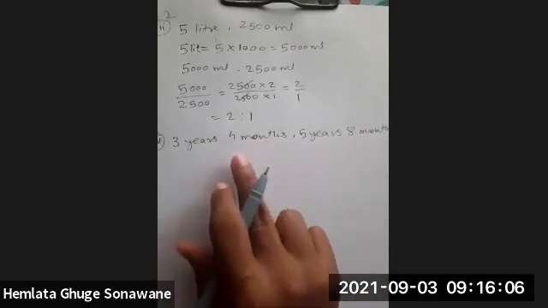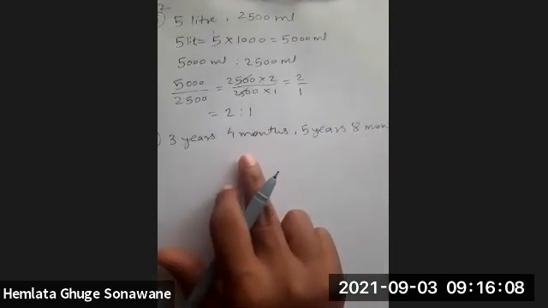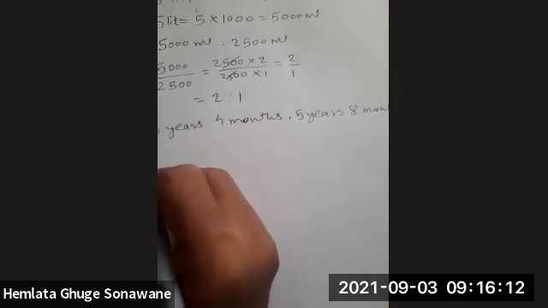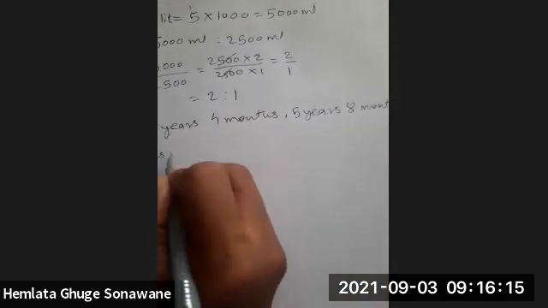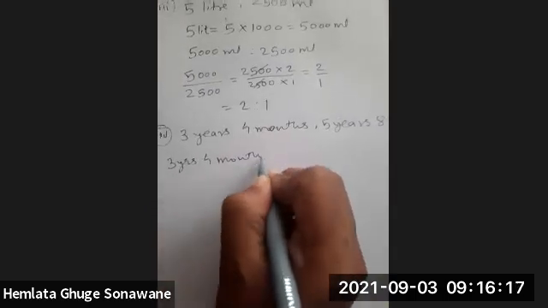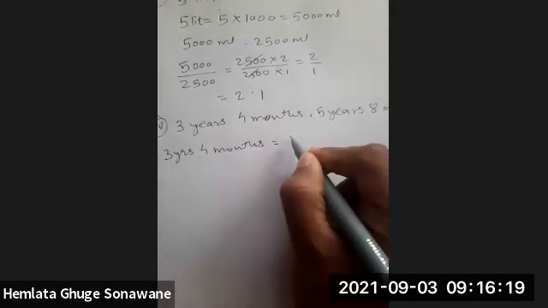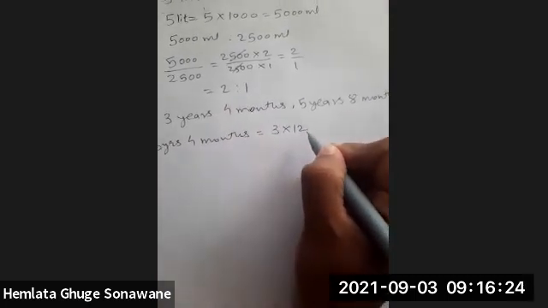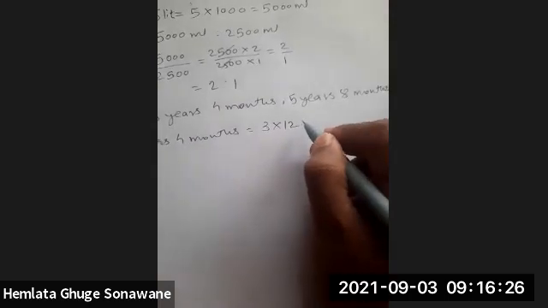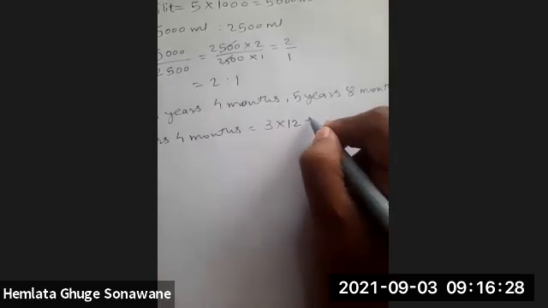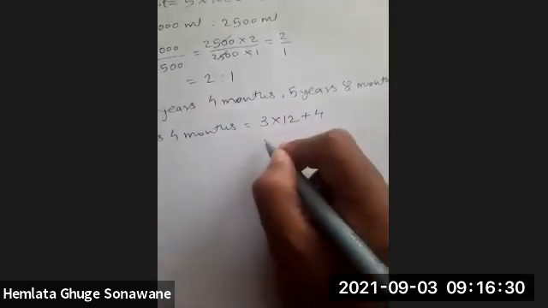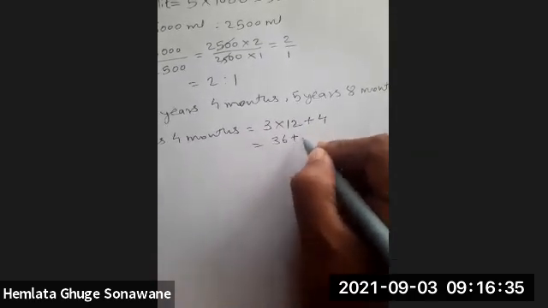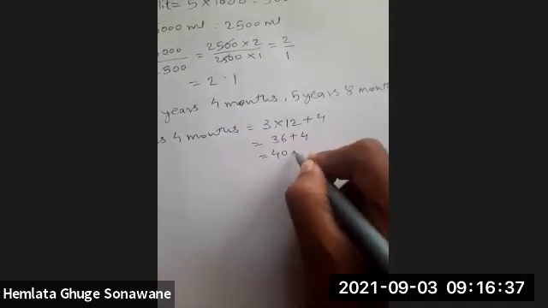So we'll convert these quantities into months. We know that 1 year is 12 months. So we'll convert 3 years as 3 into 12 plus 4 months. 12 threes are 36 plus 4, that is a total of 40 months.